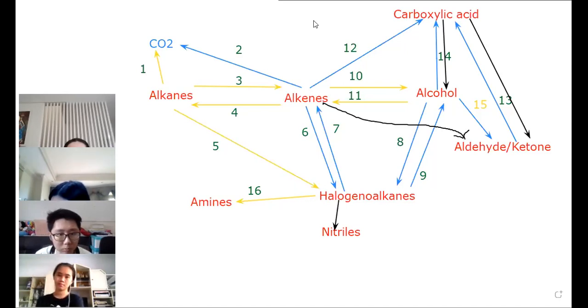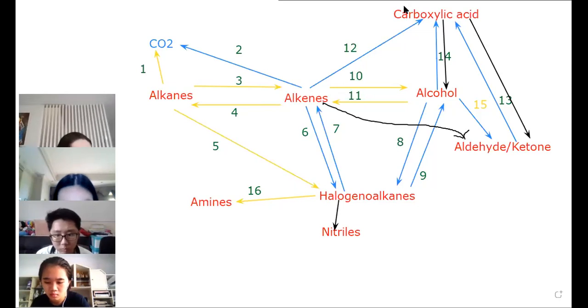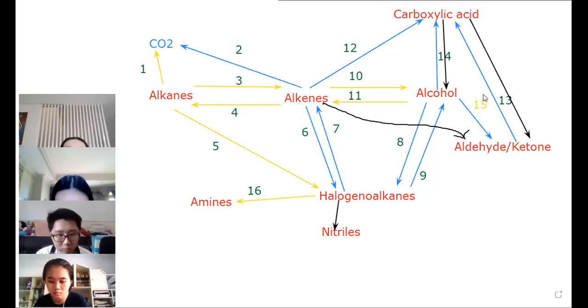It is not necessarily the same. The same meaning that alkene, the right hand side of alkene, and then alcohol, carboxylic acid on top. You can make carboxylic acid next to alcohol. I make it on top because the space on the right hand side is not enough.